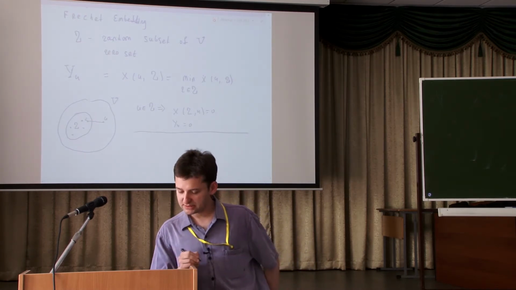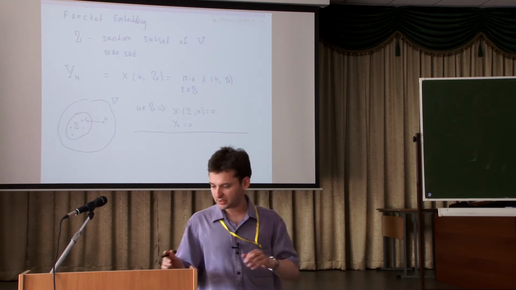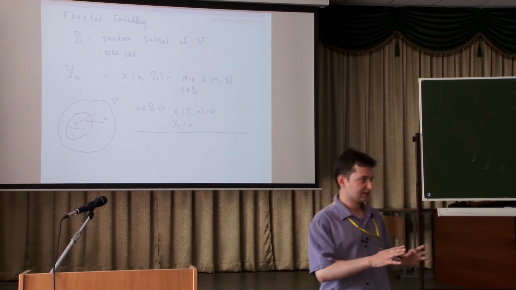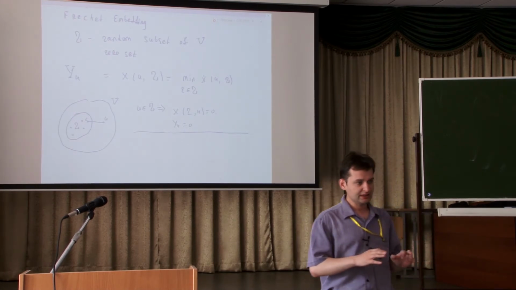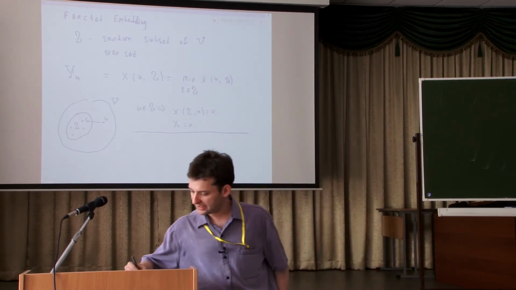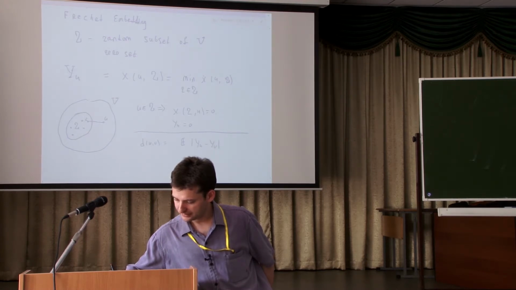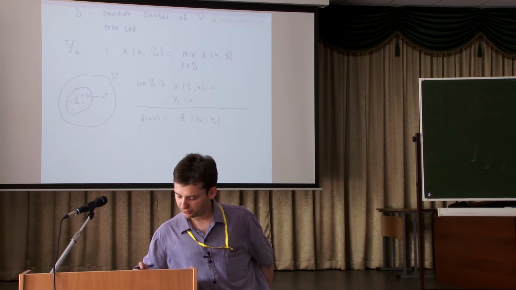Now we need to see how this embedding changes our distances. We have this metric space X of U,V, and now we define a new metric space. D of U,V is defined by the L1 norm of Y_U minus Y_V.